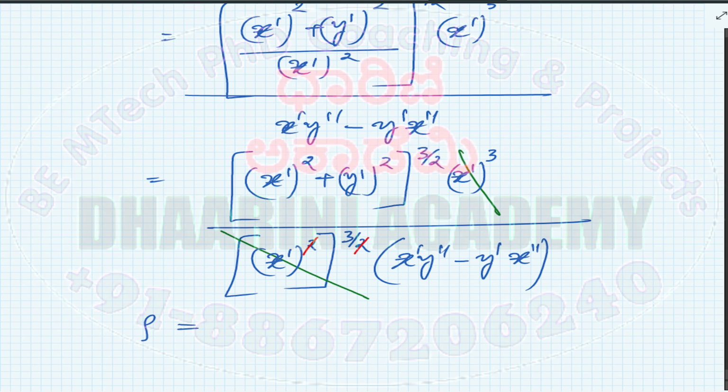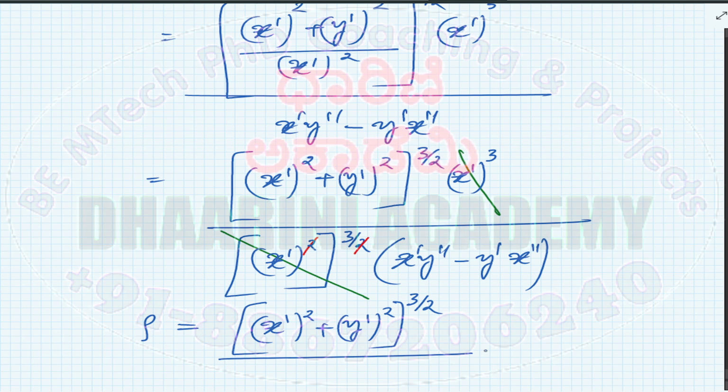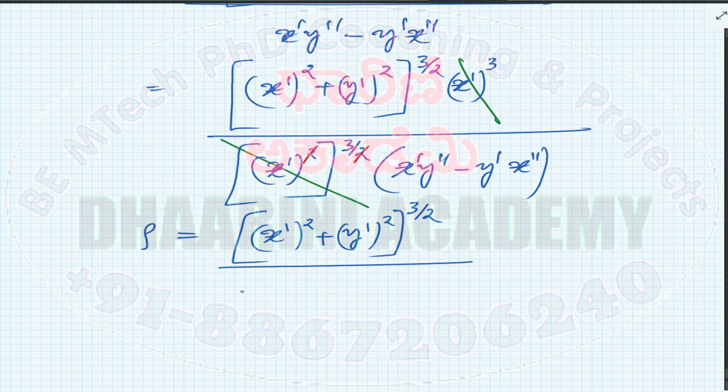So the rho is equal to, now let's write this. So this is x dash square plus y dash square whole to the power 3 by 2 divided by x dash y double dash minus y dash x double dash.